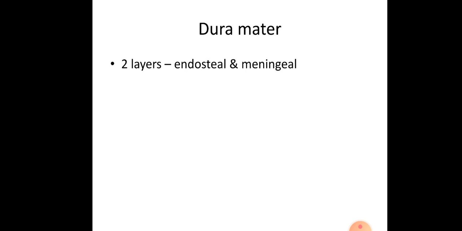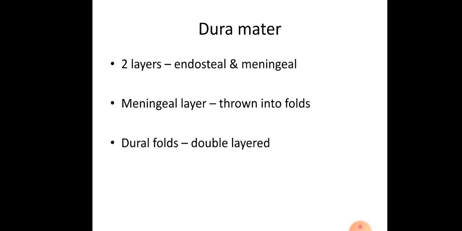It is thrown into a fold that goes between the spaces inside the brain, and that will form the dural fold. So naturally, a dural fold will be double layered.